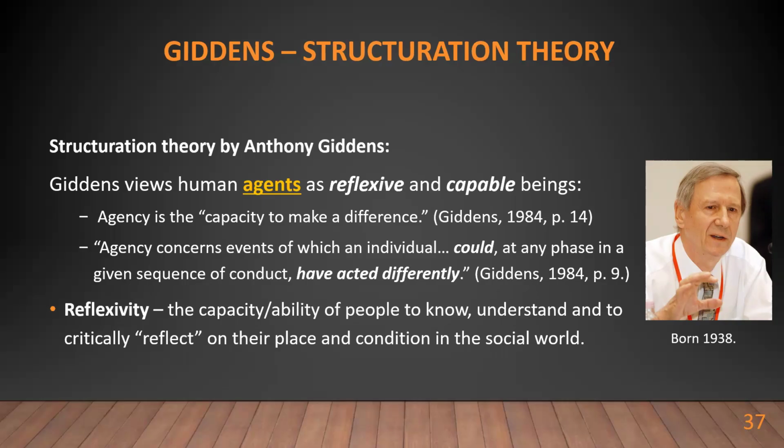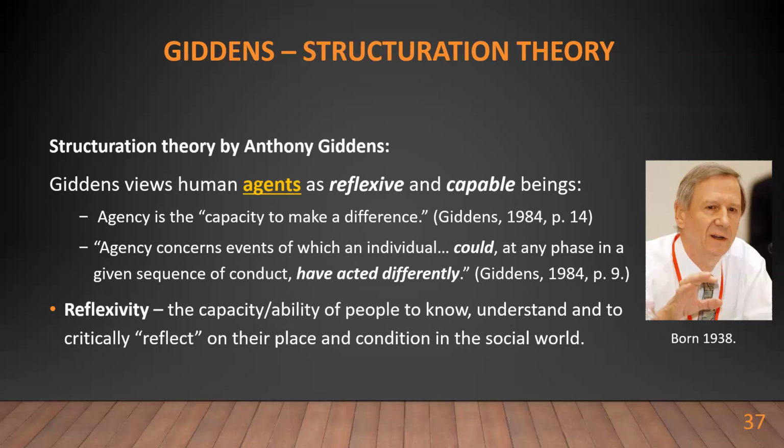An agent's capability is simply the capacity to make a difference. Agency concerns events of which an individual could, at any phase in a given sequence of conduct, have acted differently. So he could have made a choice to do this or a choice to do that. And that capacity to make a difference combined with a choice is what makes this agent an agent.